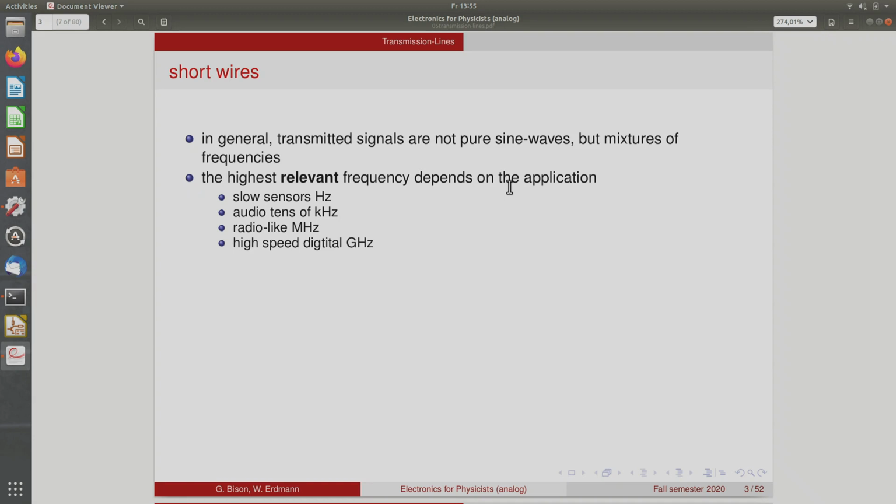So, for instance, if you have very sharp rising signals, then you need to look at frequencies of the order of the inverse of the rise time. So a fast signal requires high frequency capability of your circuit and your signal transmission. It's not just the repetition rate, but also the rise time of your signals.